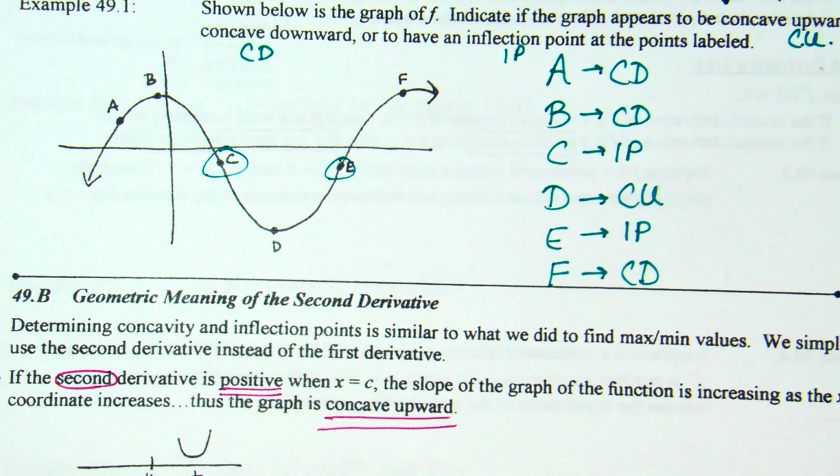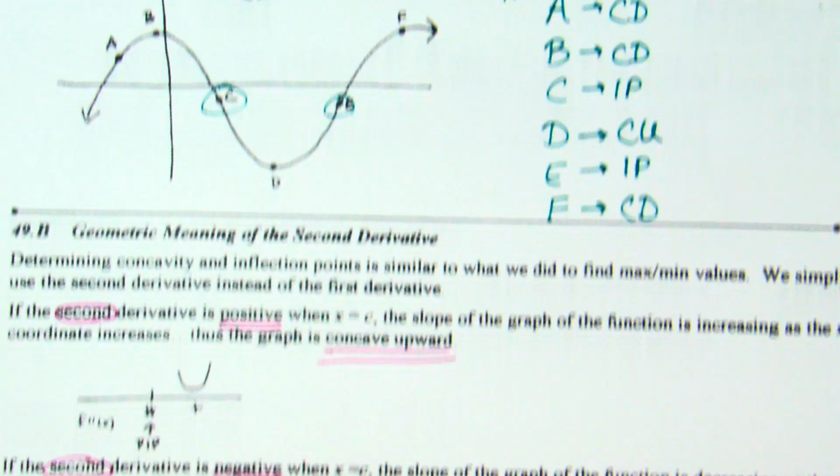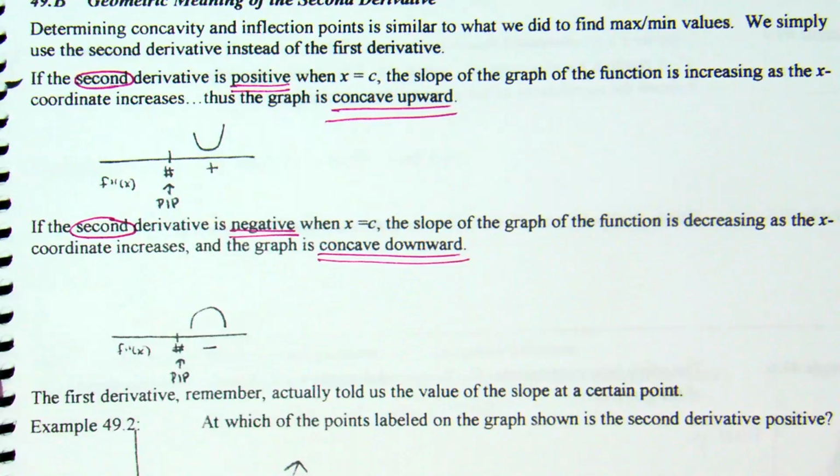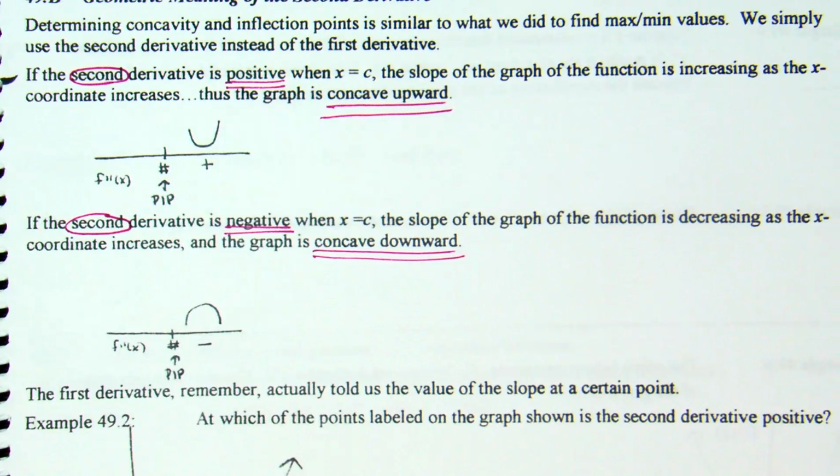So they're saying the slope of the graph is decreasing as the x-coordinate increases. Okay? I was debating if there's more I wanted to explain there, but I think it'd be easier to just go with it as we move into these examples and explain there.